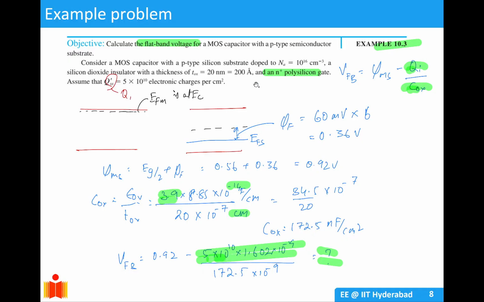So first you calculate your phi f from Na, which will come out to around 0.36 volts.